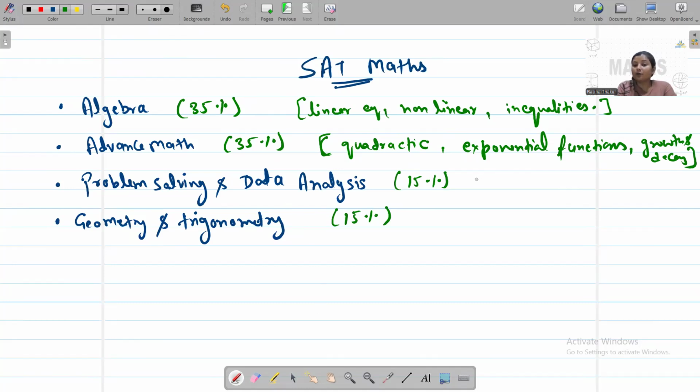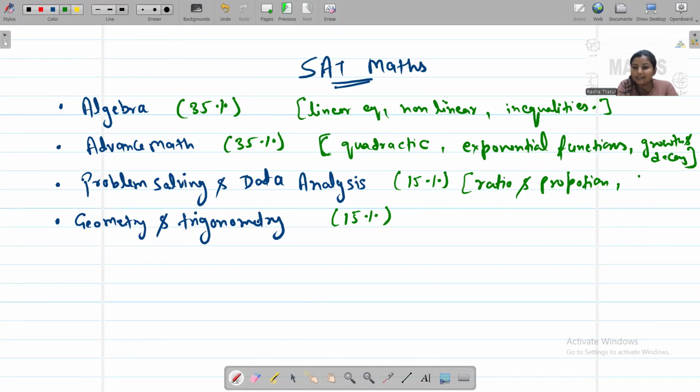Then in problem solving, you may get ratio and proportion.